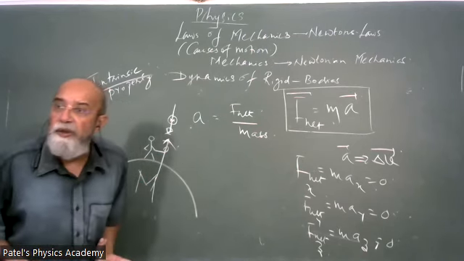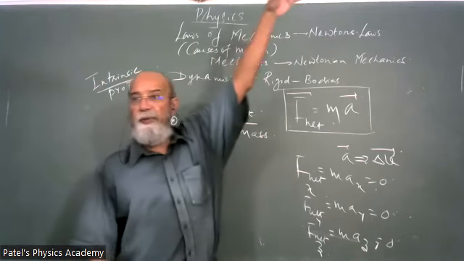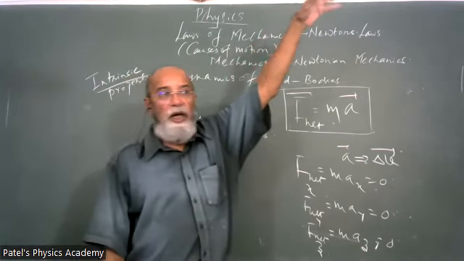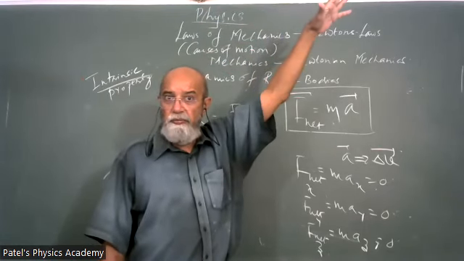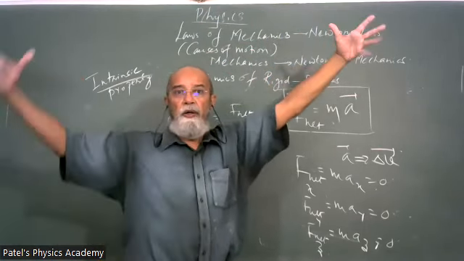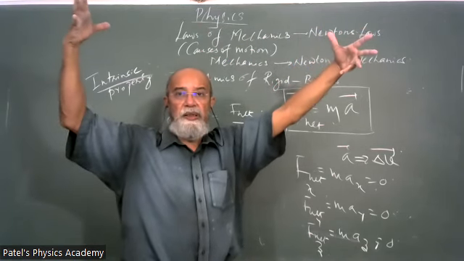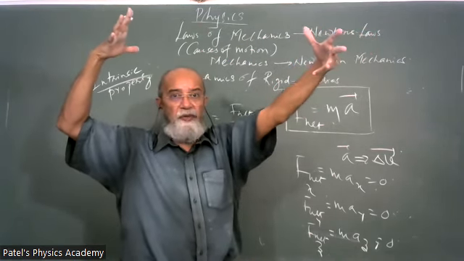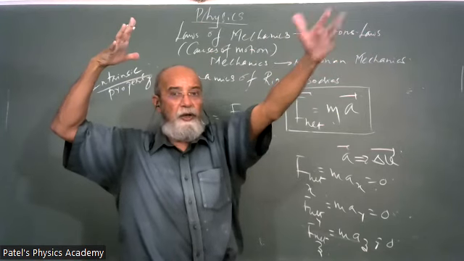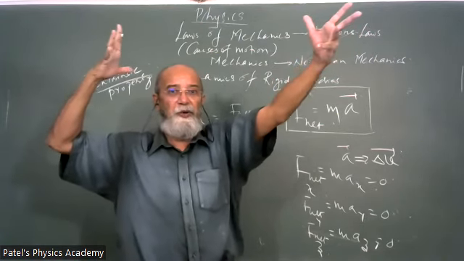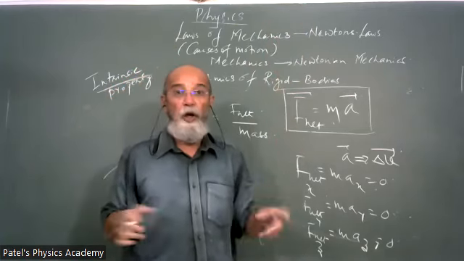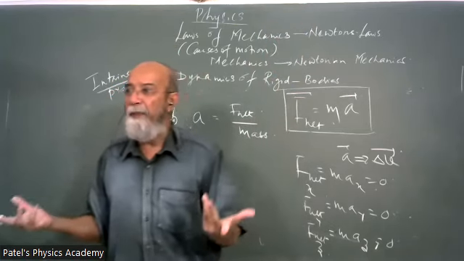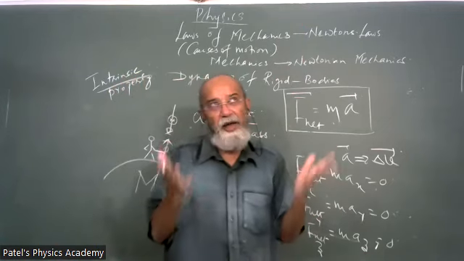Where do I experience this? When I go up into space and look at the planets, when two big masses come close enough, they interact with each other, and I can see both of them moving towards each other very clearly. Because their accelerations are comparable, now I can see.